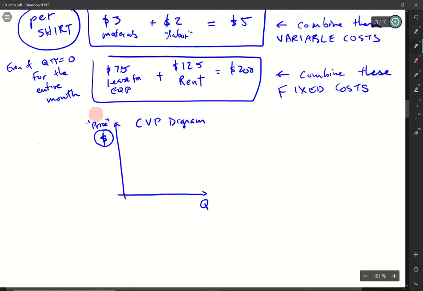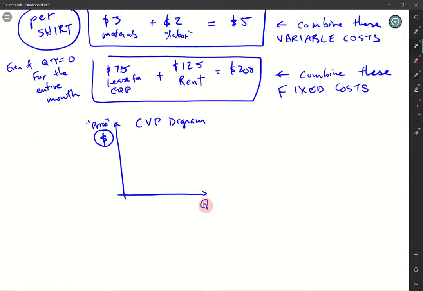We don't put price, we put dollars. So it's almost like economics, where instead of price we put dollars, sort of generalized dollars, and we also put quantity on the x-axis. So how could we draw our costs on this diagram?